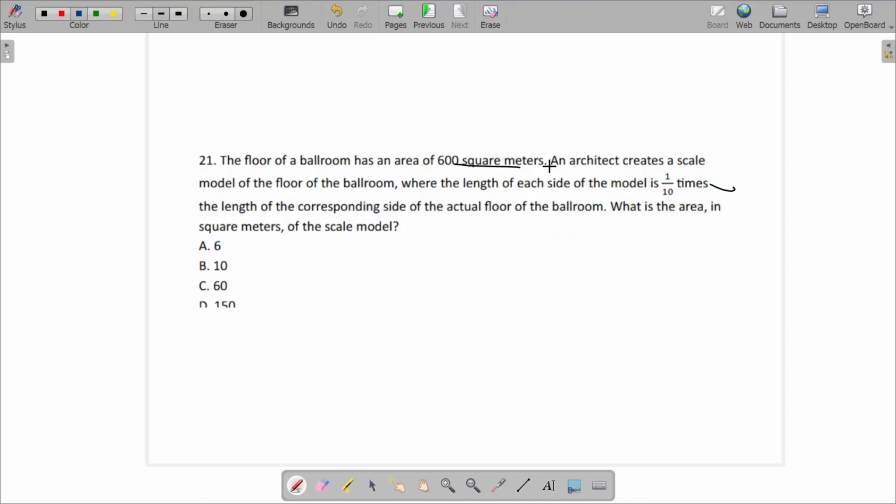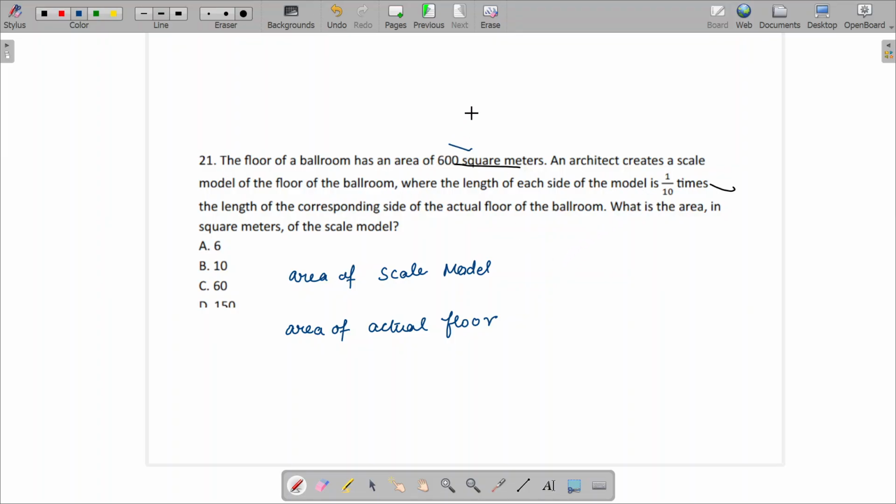So we are talking about two things: the area of the scale model and the actual area, or we can say the area of the actual floor. We are talking about the two, the relation between them is given.